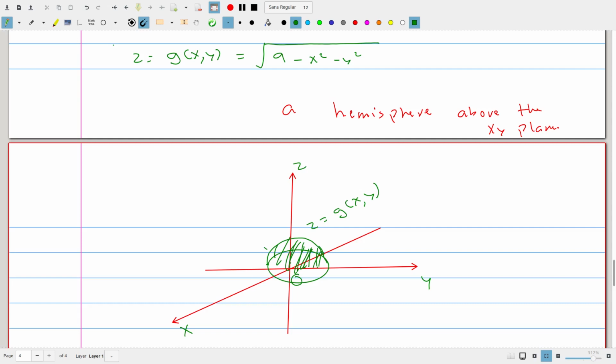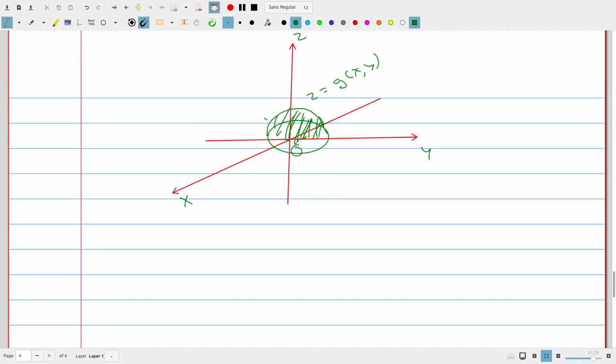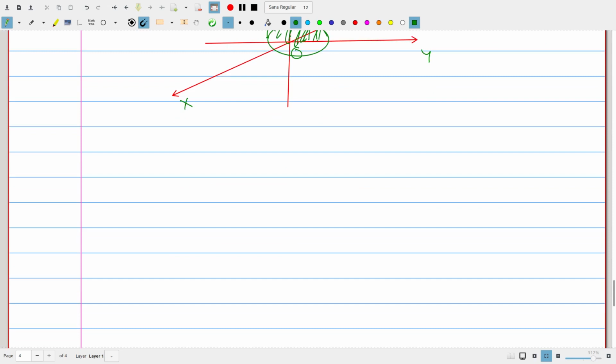So if you recall, for functions of a single variable, how do we define limits? If you start with the limit as x goes to a of f of x equals L, what does this mean?